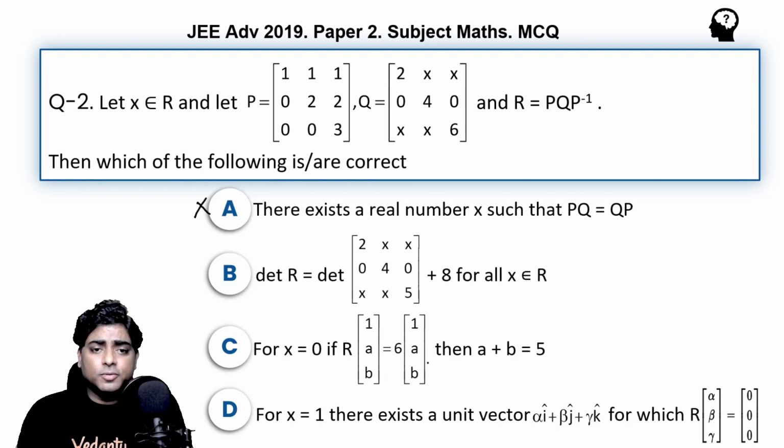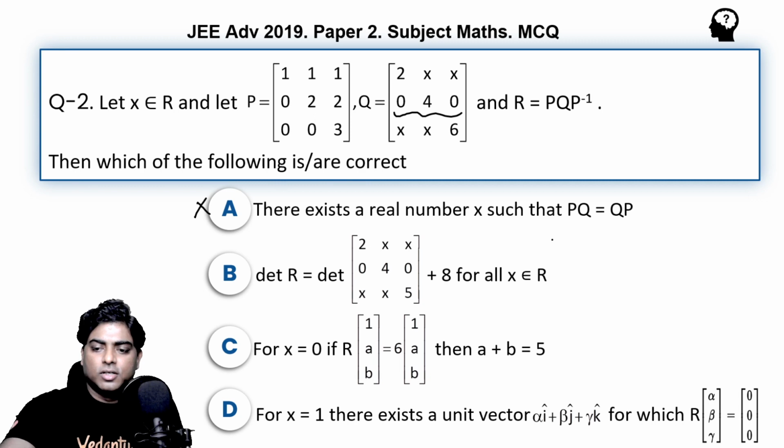Coming to option B, determinant of R. Now what is determinant of R? It is the determinant of Q, and determinant Q can easily be found using the second row. If you open the determinant Q using the second row, you will find the determinant of Q to be 4 times 12 minus x square.